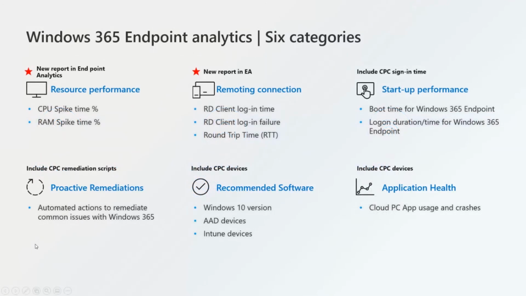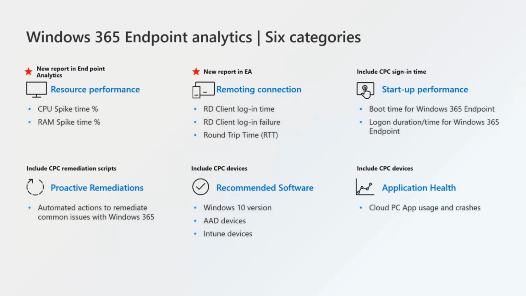Moving on to performance. Why are we talking about endpoint analytics? Because that's a key capability that you get when you have Windows 365 integrated with your endpoint. As a starter, we'll talk about resource performance. Resource performance and remoting connections give admins rich, proactive, out-of-box analytics on key performance metrics, which enable them to take proactive actions to improve end user performance.